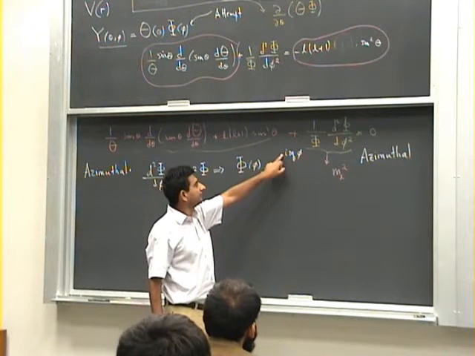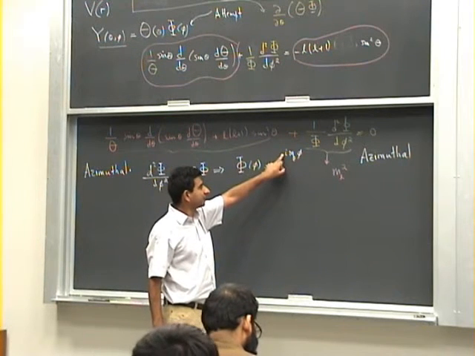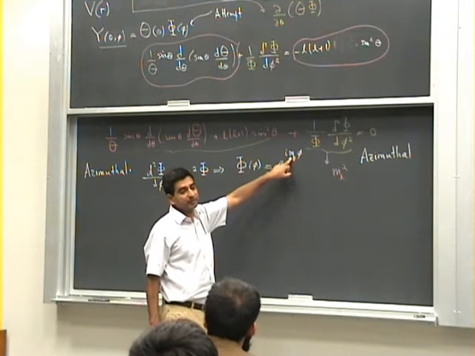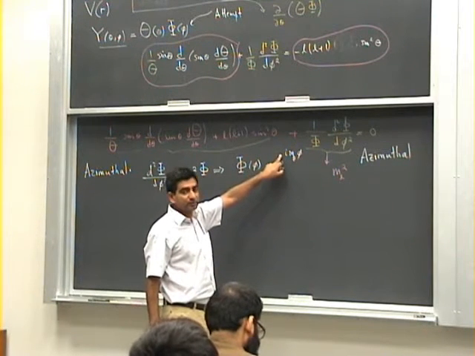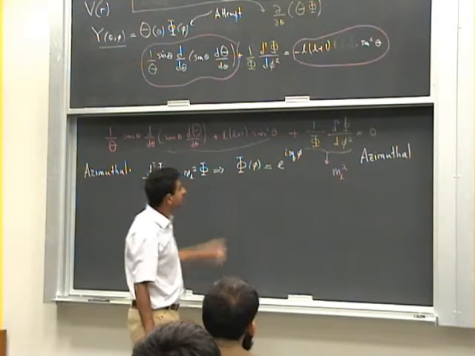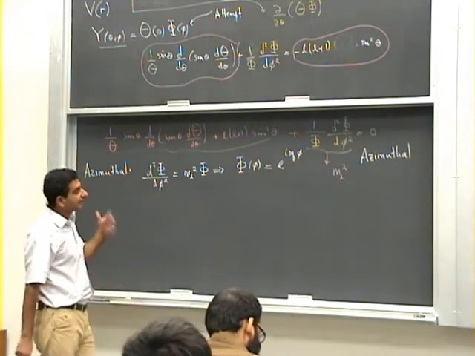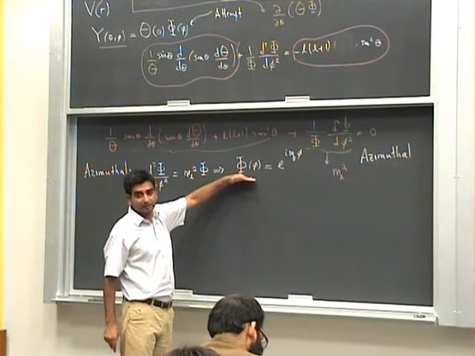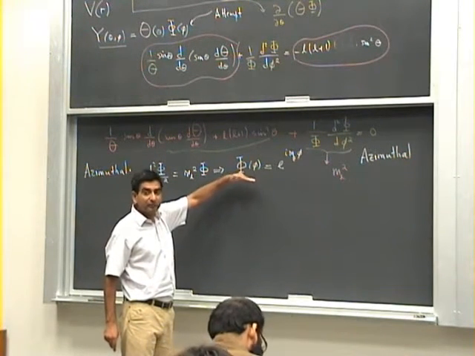I'm just taking the plus sign here. If I'm taking the plus sign, I'm assuming no constraint on the value of ml. It can be positive or negative. So I'm just taking the positive root. So this is a solution of the azimuthal part, the azimuthal part of the wave function. This is of course in the position representation. Right? It is a part of the wave function.